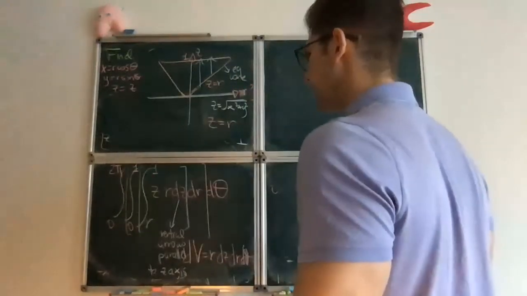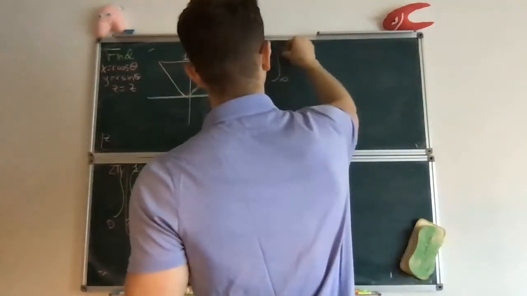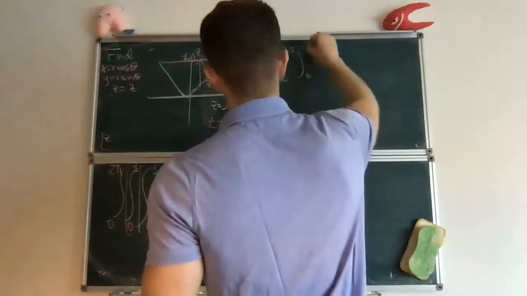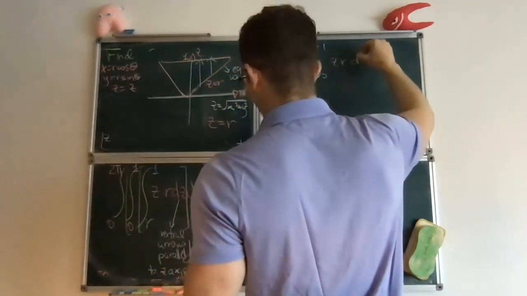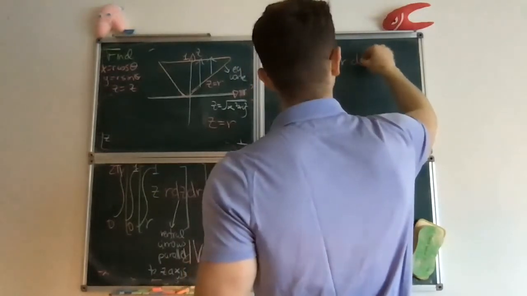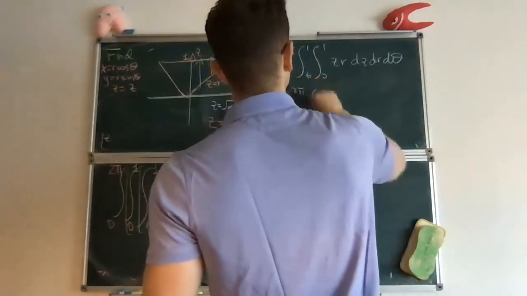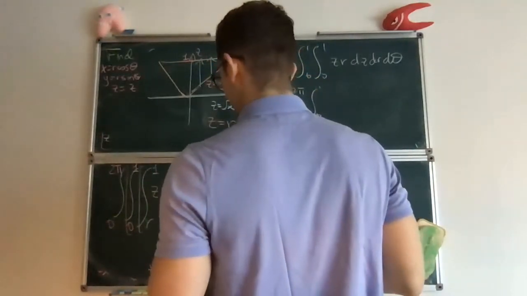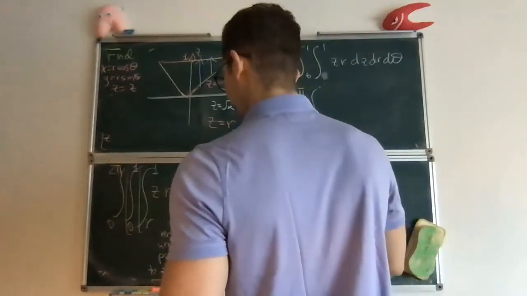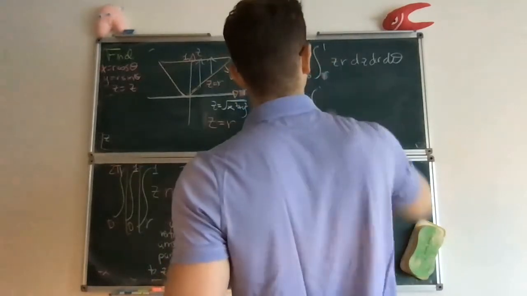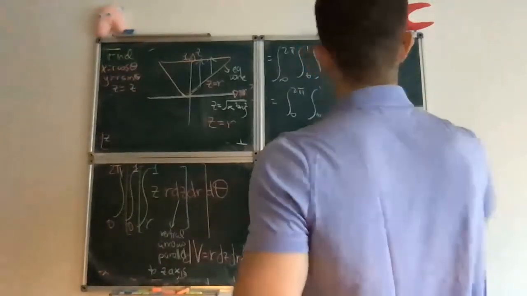And so after you have done this, now this is an easy integral to do. We're integrating first with respect to, sorry, this should be r. We're integrating this first with respect to z.